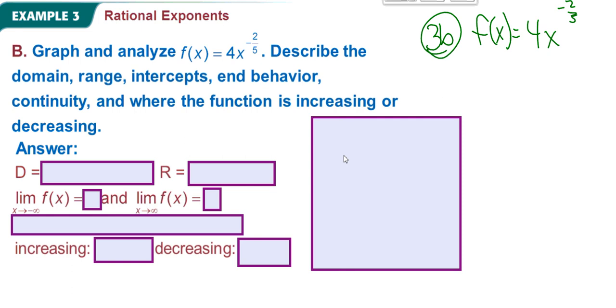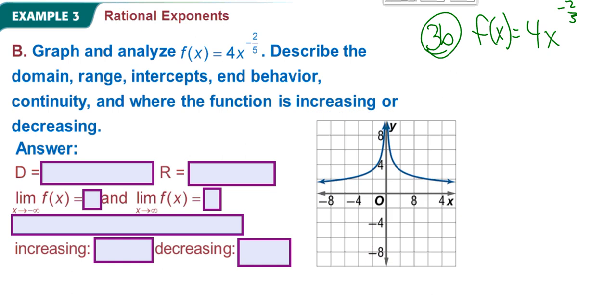Okay, let's look at that. Our graph for this one looks kind of like this. Not a super great graph, but that's okay. And our domain, it has that asymptote at 0. So our domain is parentheses, negative infinity to 0, parentheses, union with 0 to infinity, not including 0.